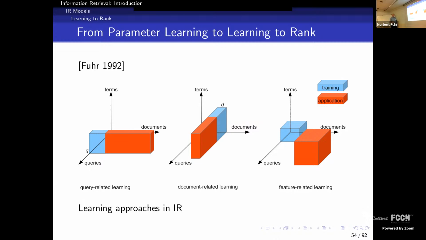They proposed the idea of document-related learning, that the document should be observed with respect to some queries, and then based on this feedback, one could weight the terms to which the document is relevant, give them higher weight, and then this information can be used for further queries.